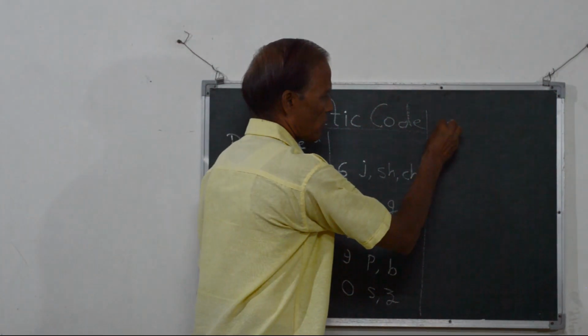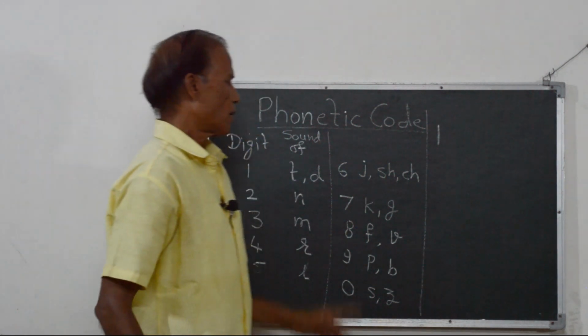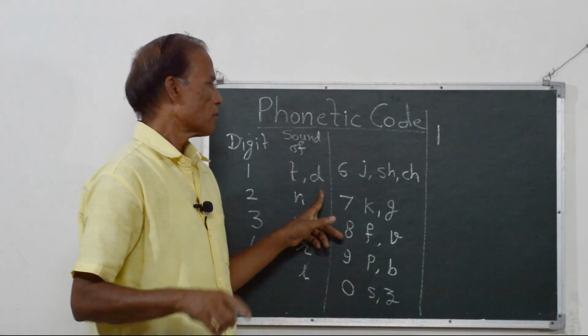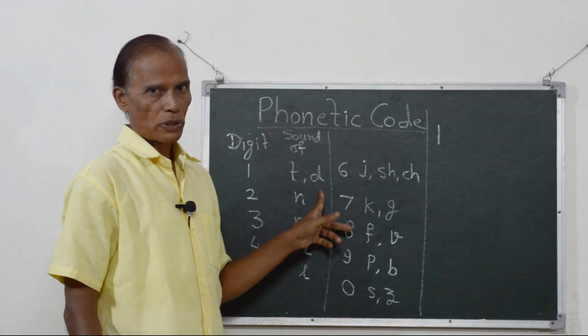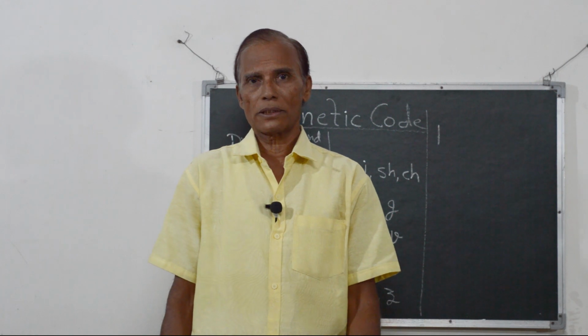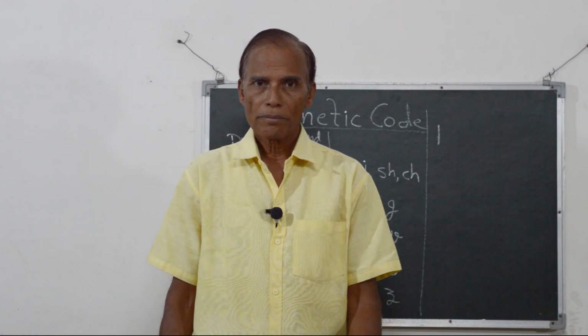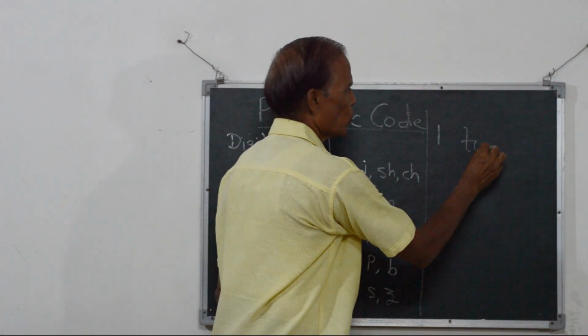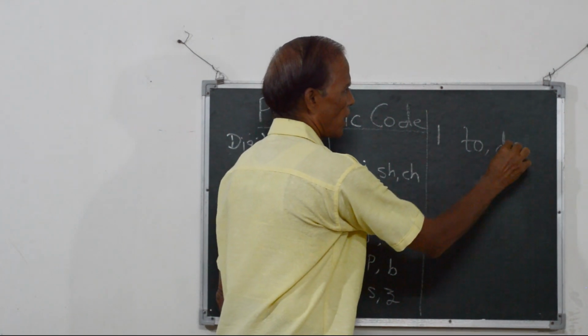So let us take first 1. I have just told here what letters or what sound of what letters are used. But now actually what word can be considered for 1? Friends, there are many choices. For 1 you can use do, like this.